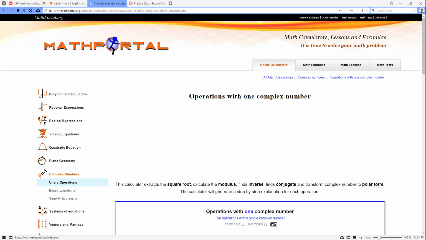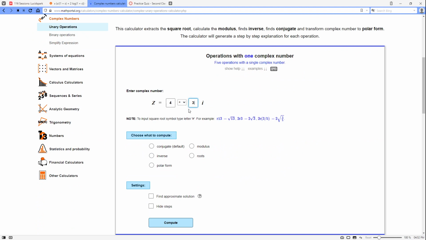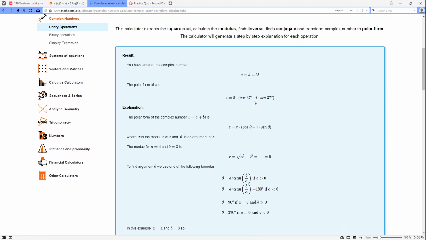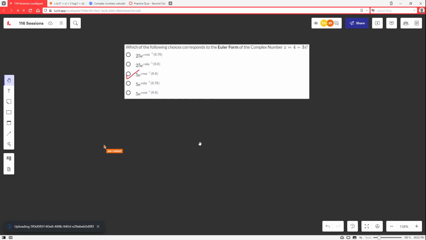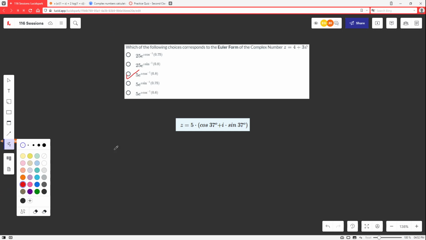If I actually go back, what was the thing? 4 plus 3i, which is in polar form. We compute, and we get this out. And because of the link between Euler and polar form, Euler is the general format of some number, x e to the power of i theta, and inverse cos gives theta.